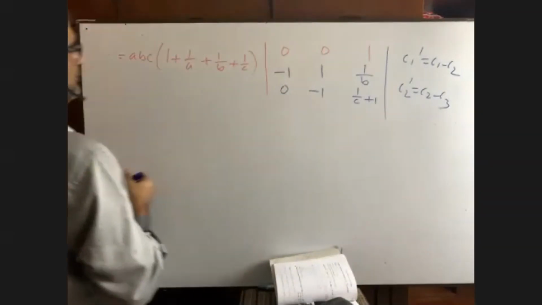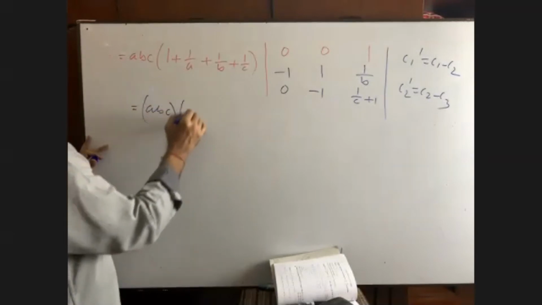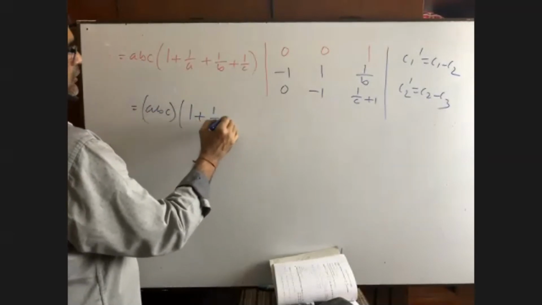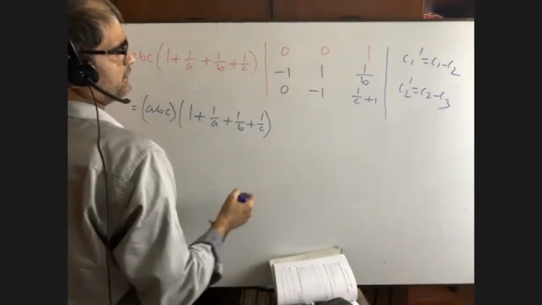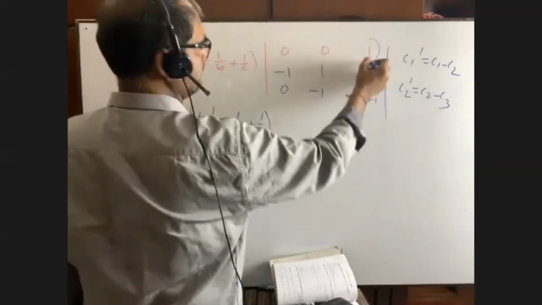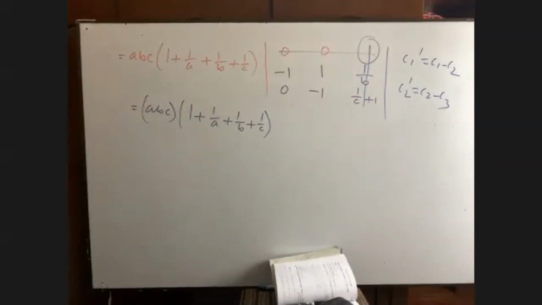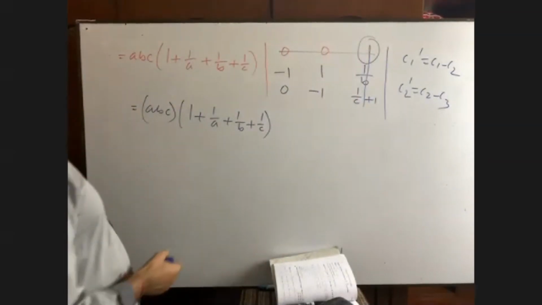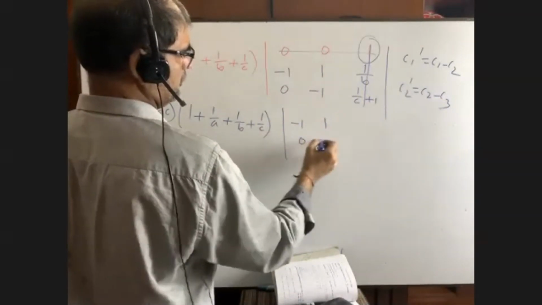Now what we will do, ABC into 1 plus 1 by A, 1 by B, 1 by C: if I take this one, it will be omitted. Am I right? So we'll be left with minus 1, 1, 0, minus 1.